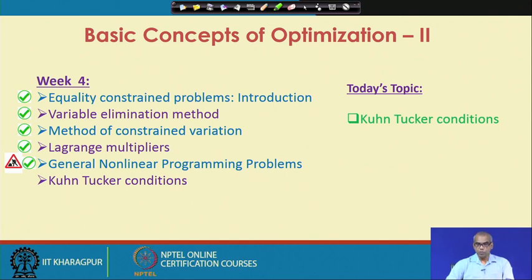So, we will see today that when you combine these two, what you get is known as Karush-Kuhn-Tucker condition or Kuhn-Tucker condition or KKT condition, sometimes also known as KT conditions.